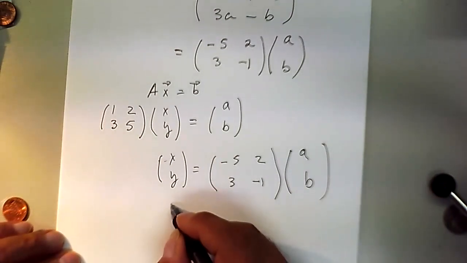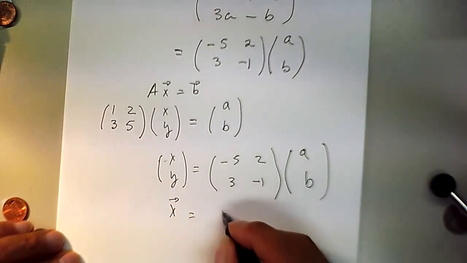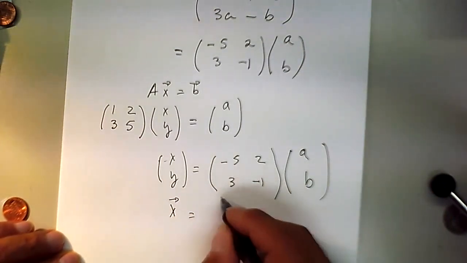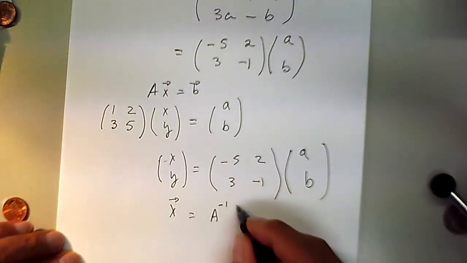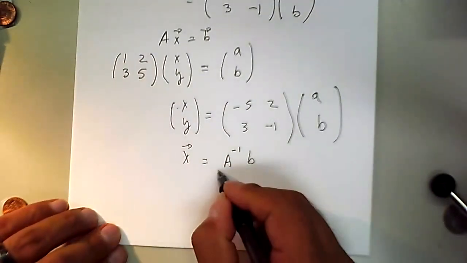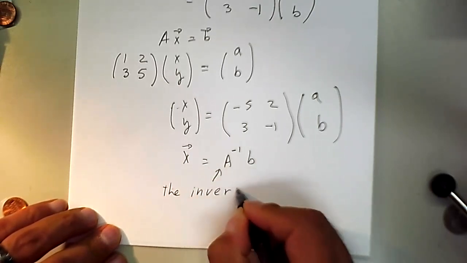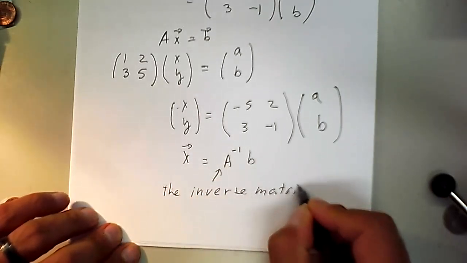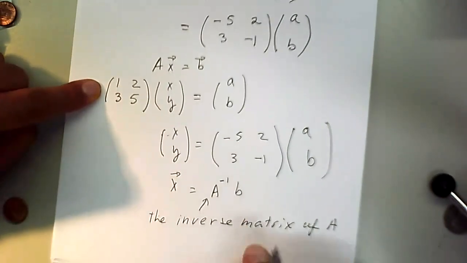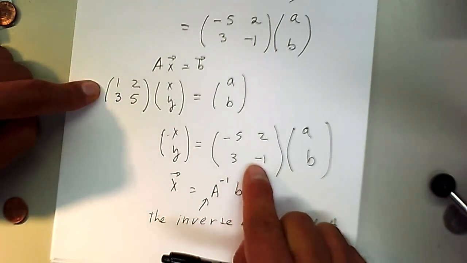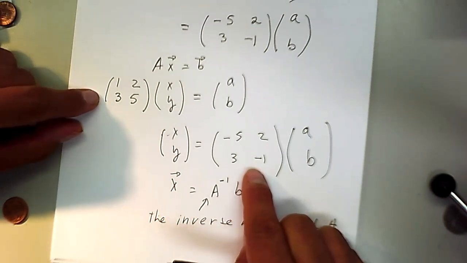Consequently, we may write the vector X as this new matrix times B. We're going to label this new matrix A to the negative 1. And this is the inverse matrix of A, this one. This is the inverse of that matrix. Exactly, precisely. Why? Because it solves the equation.